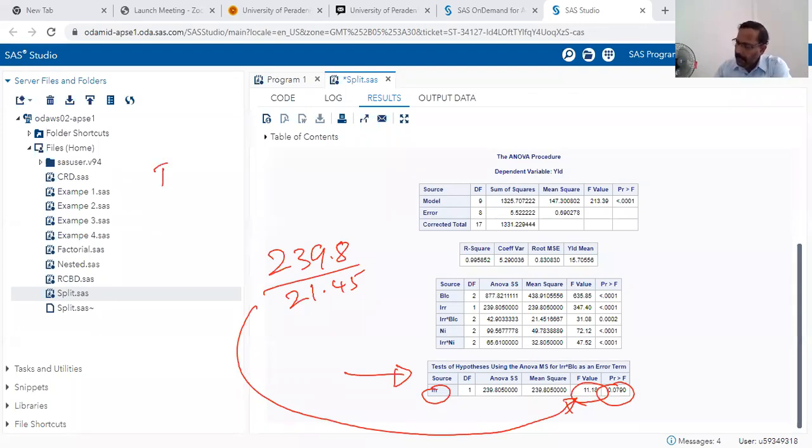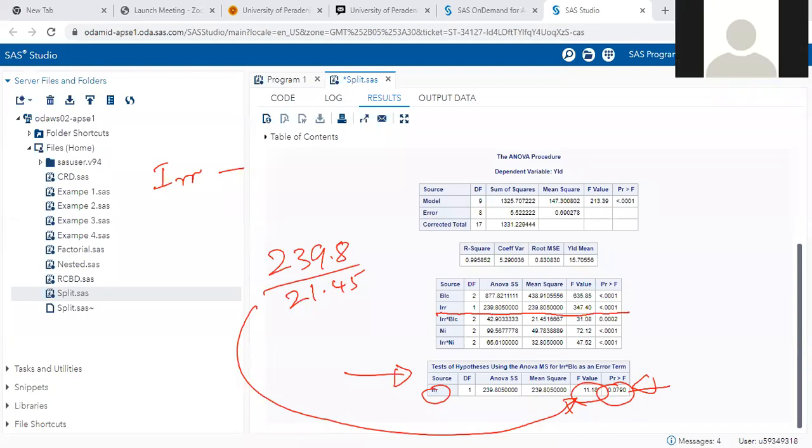So here, for irrigation, is it significant? Anyone? Look at earlier. Earlier it was divided by the normal error, error B, so it showed significant.